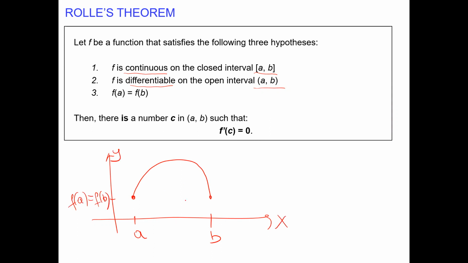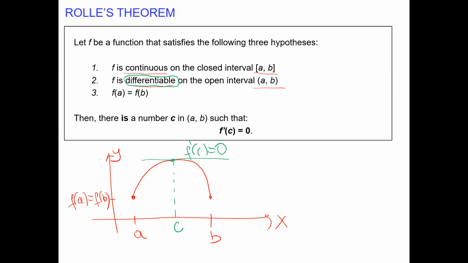If the function is continuous and smooth, meaning differentiable, we have to find a point somewhere where the tangent is horizontal, derivative 0, slope of the tangent 0. Always this number exists.